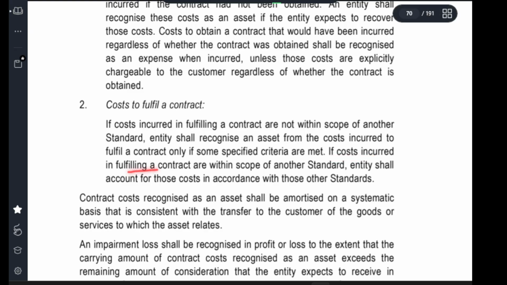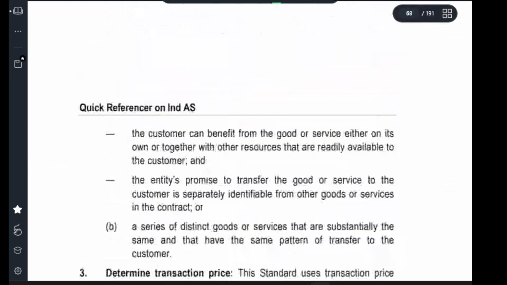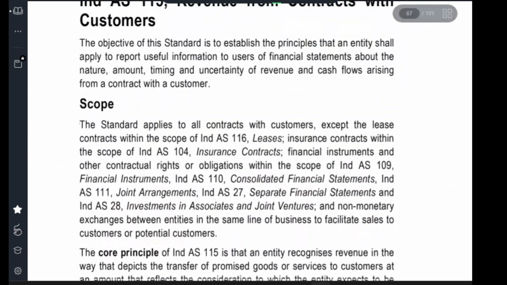If costs incurred to fulfill contracts are within the scope of another standard, the entity shall account for these costs in accordance with that other standard. Those other standards include leases, insurance contracts, financial instruments, consolidated financial statements, separate financial statements, investments in associates and joint ventures, and non-monetary exchanges between entities in the same line of business.